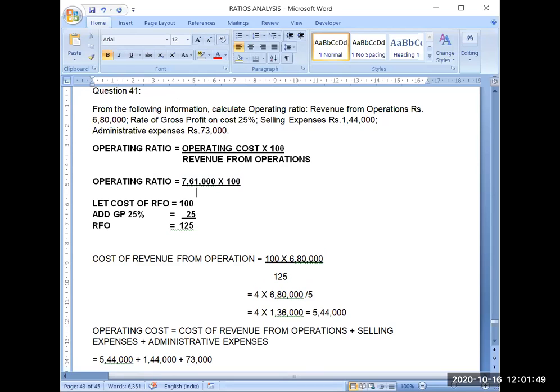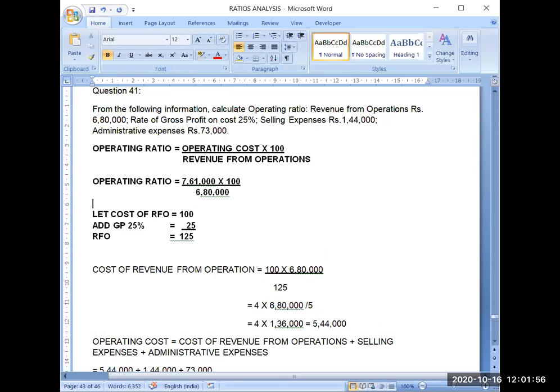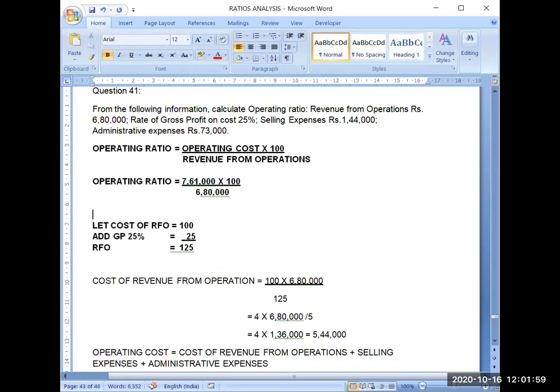Revenue from operation is given in the question, 6,80,000.